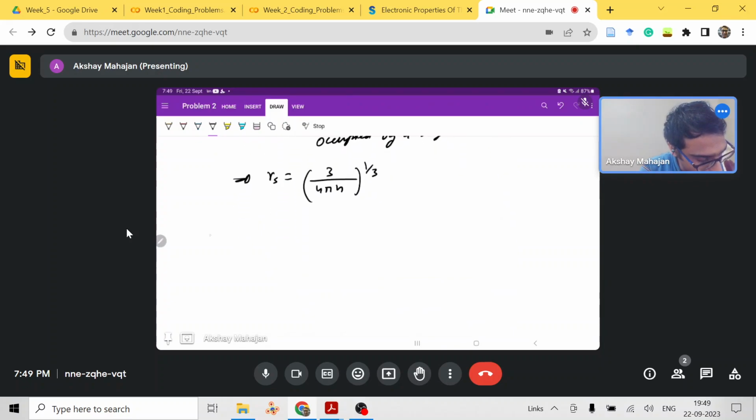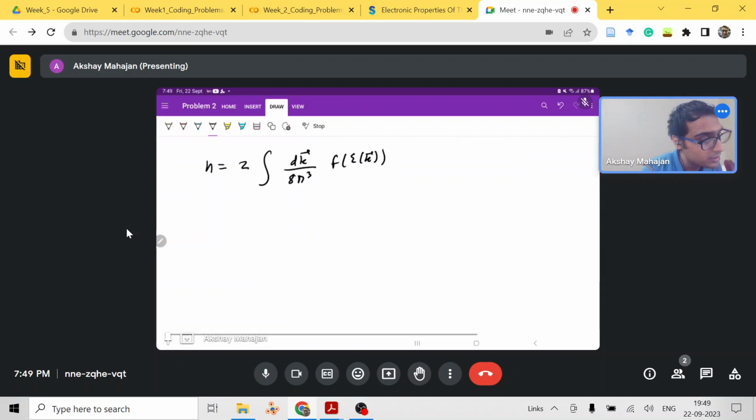Now we know our electron number density n is given by 2 times, which is for considering both spin up and spin down, integral of dk vector divided by 8 pi cubed times f of epsilon of k vector. This is 2 times this, so I can write it as 4 pi k squared dk divided by 8 pi cubed, times f of epsilon.